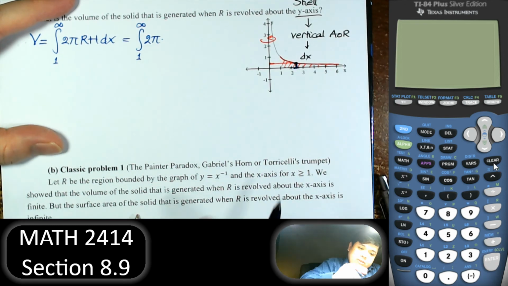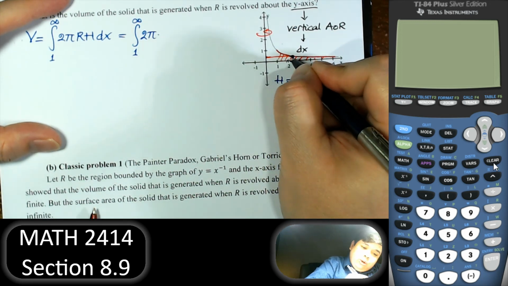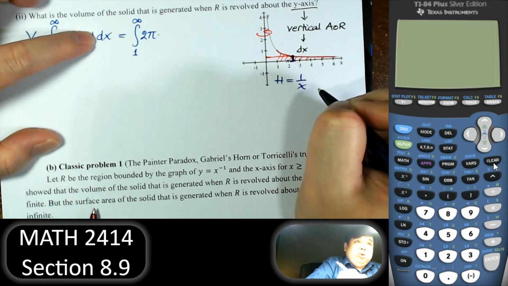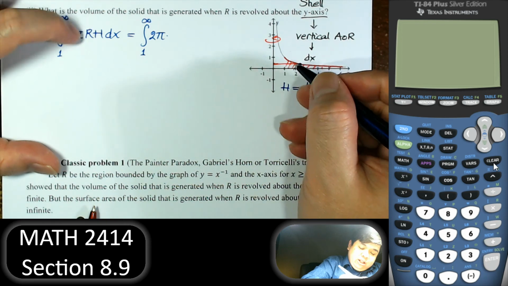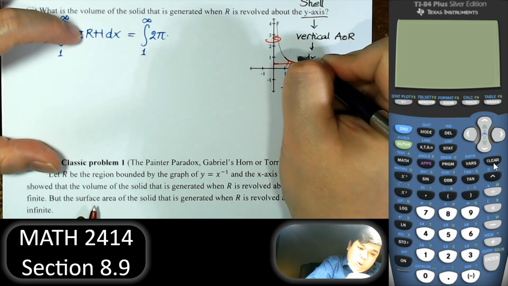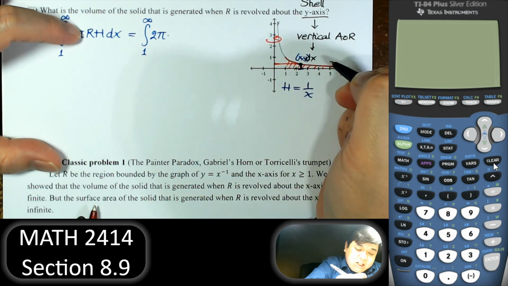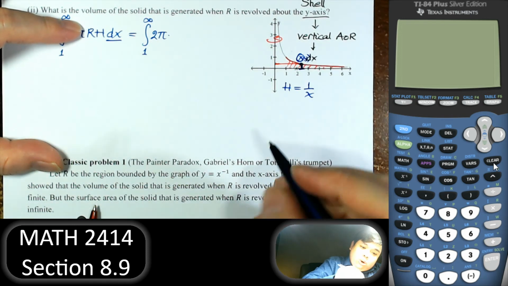The height is equal to the function minus 0, and we use x. Picking a point here, the coordinates of that point are x and y, and since we use dx, we're going to take the x coordinates.